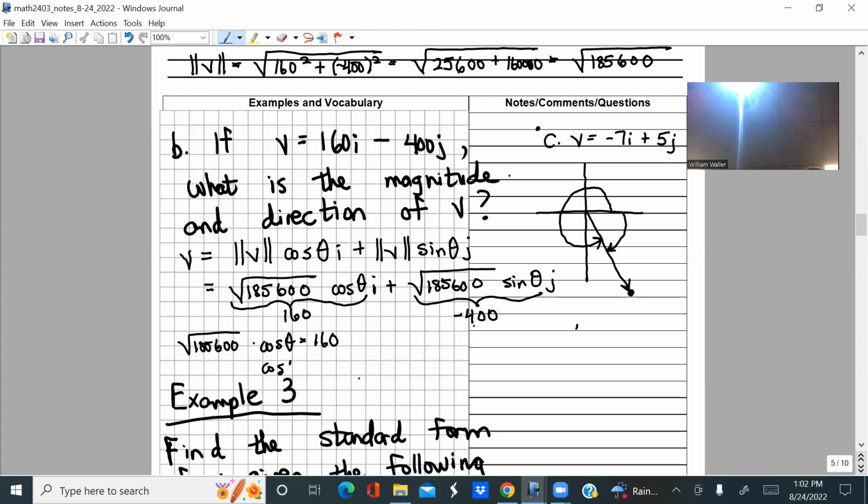So guess what the cosine of theta is? It's 160 divided by this. And same thing for sine of theta: the square root of 185,600 times sine of theta has to come out to be minus 400. So the sine of theta is minus 400 over the square root of 185,600.